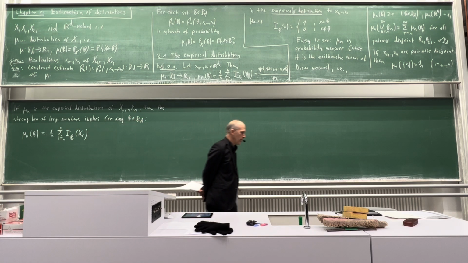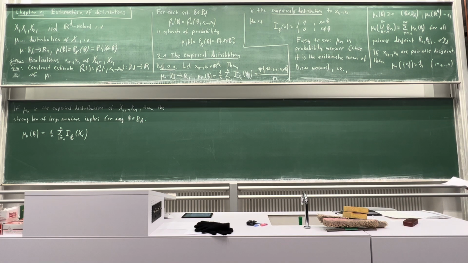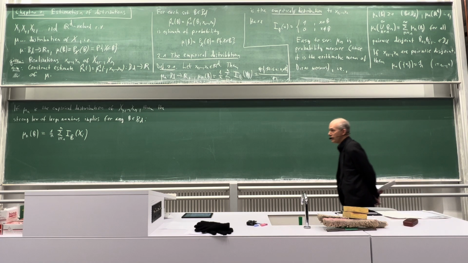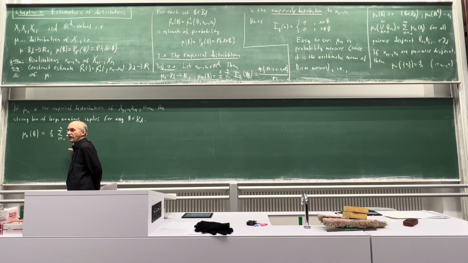These indicator functions are random variables. They are identically distributed, because the X1 to Xn have the same distribution. They are independent because the X1 to Xn are independent, and consequently also functions applied to them are independent. And they are integrable because they are bounded.